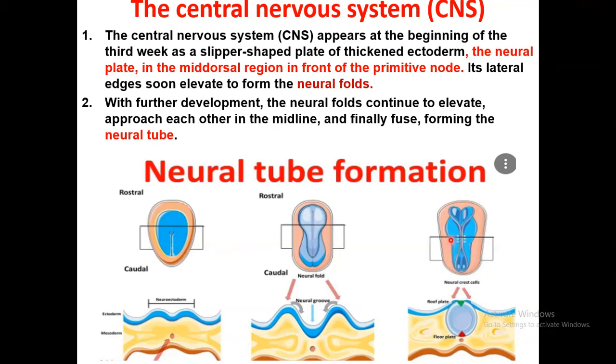With further development, the neural folds continue, these are the neural groove and neural folds, these are the neural crests. Then they come together in the midline and fuse to form the neural tube.